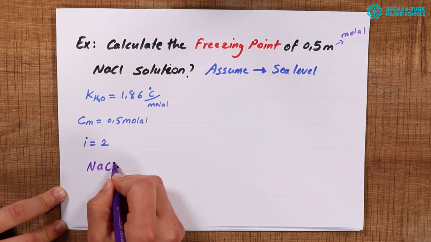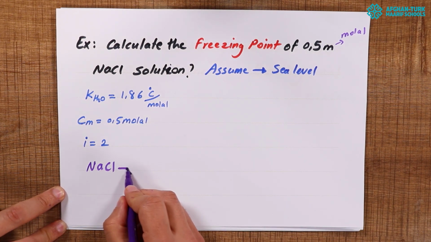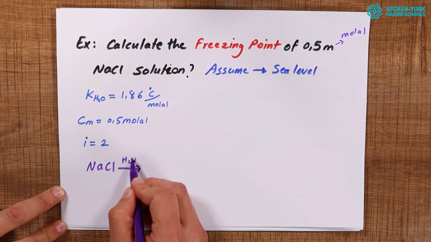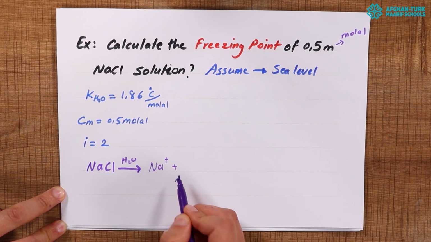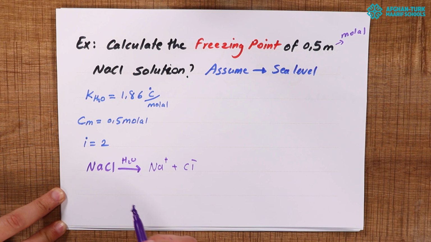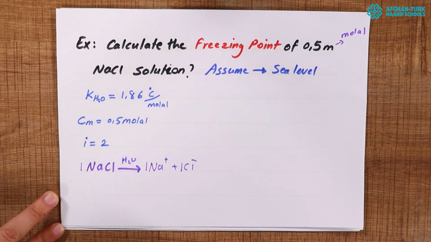As you know, ionic compounds split or separate into ions when they dissolve, forming more particles. For example, sodium chloride dissociates in water and gives us sodium ion plus chloride ion. One mole of sodium chloride produces 1 mole of sodium ion and 1 mole of chloride ion.